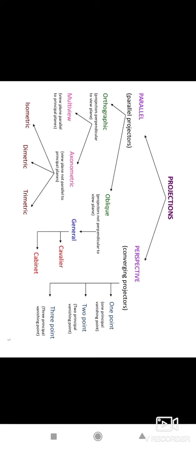Oblique projections are Cavalier and cabinet. In perspective projection, depending on the number of vanishing points, we have 1-point, 2-point and 3-point projections. So this is all about projections in computer graphics. Vanishing points occur in the case of perspective projections.